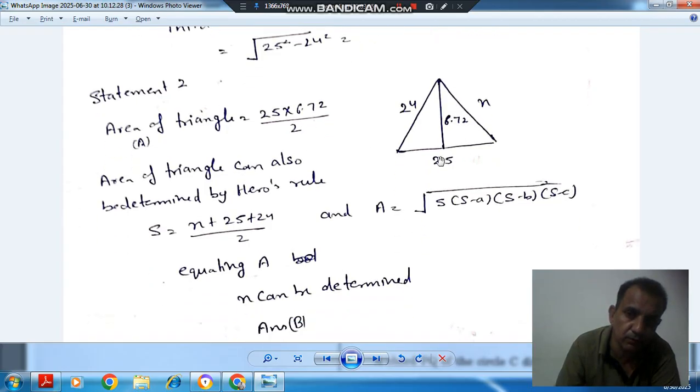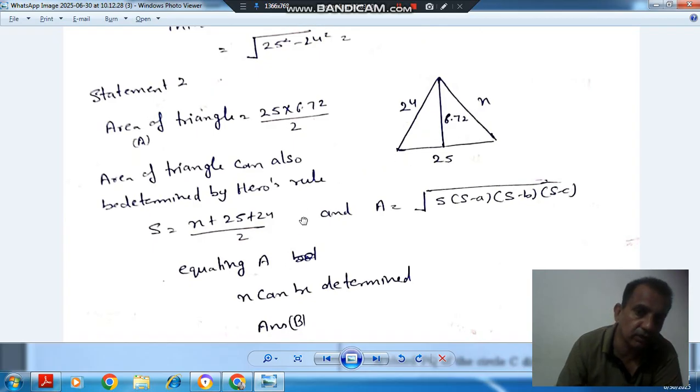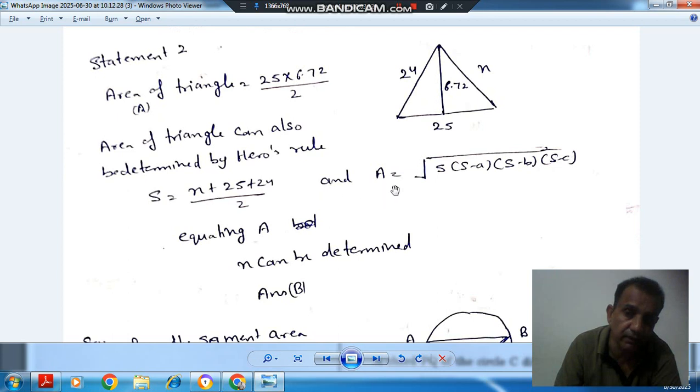And from Heron's rule, taking 25, 24 and x, we can also determine the area of the triangle in terms of x. By Heron's rule, s will be (x + 25 + 24)/2, and the area will be the root of s(s minus a)(s minus b)(s minus c). Here a is 25, b is 24, and c is x.